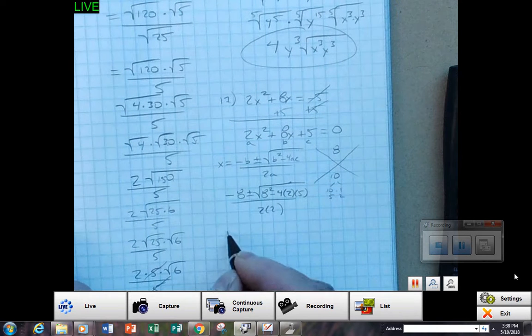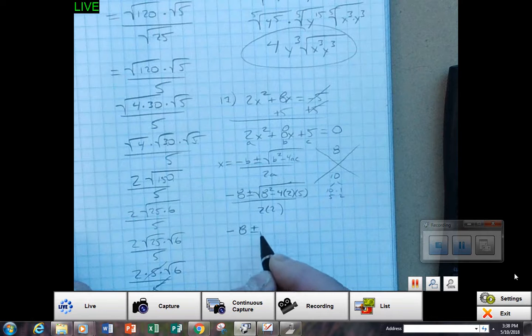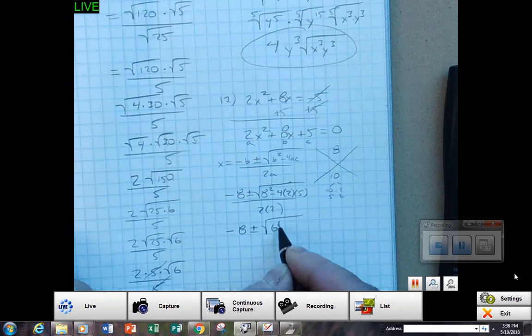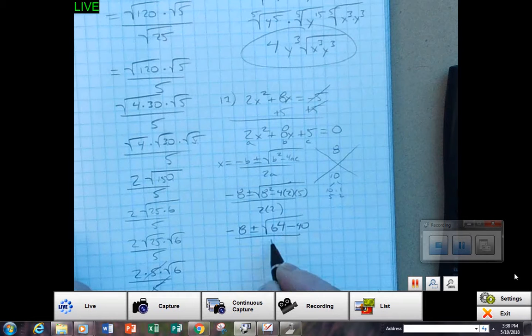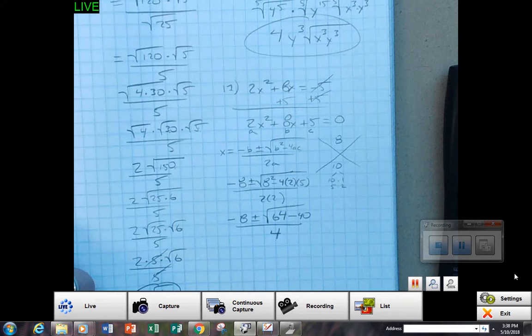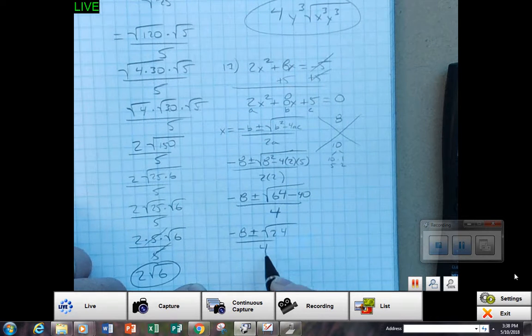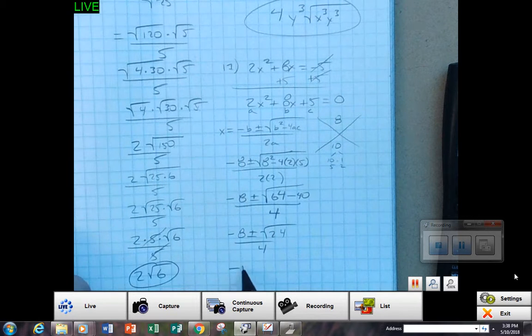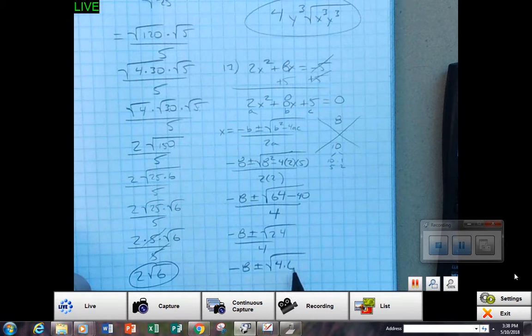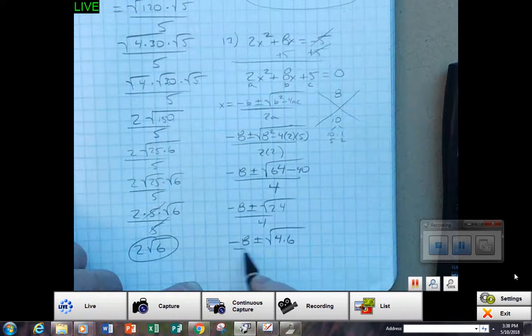That gives me negative 8 plus or minus the square root of 64 minus 40, over 4. 64 minus 40 is 24, so that gives me negative 8 plus or minus the square root of 24 over 4. 24 has a perfect square in it, so I'm going to break that up into 4 times 6 over 4.